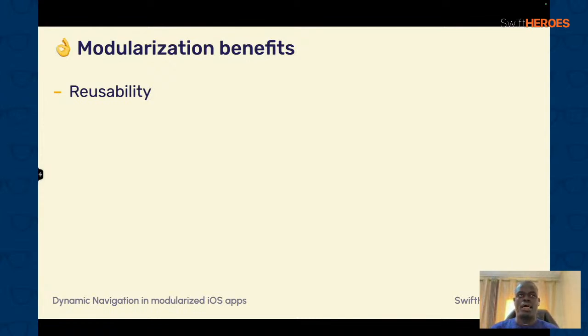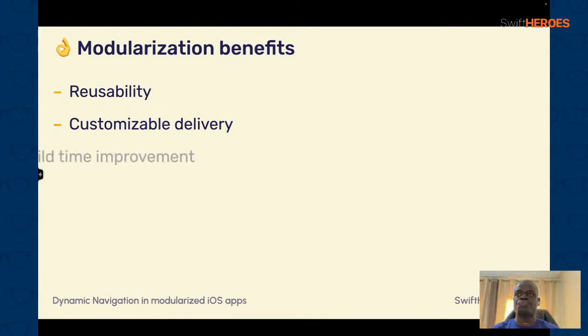And we can have customizable delivery. Let's say that you are working on feature A, and your colleague is working on feature B. You can have a separate app for each feature that you can deliver, right?